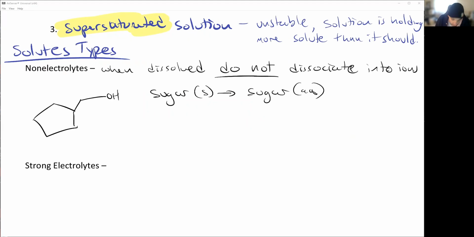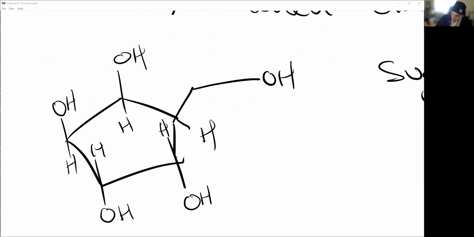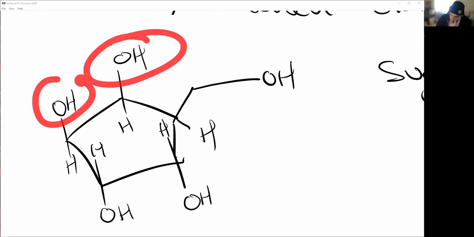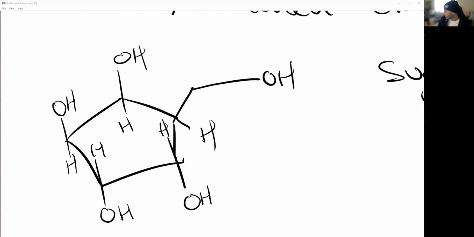We've got an OH, and then along here a hydrogen, and then we have OHs above and below: H, OH, H, OH, OH. So why is this sugar molecule capable of dissolving in water? Well, we have a bunch of these OHs. All of these OHs are perfect for dissolving because they're going to go through hydrogen bonding.